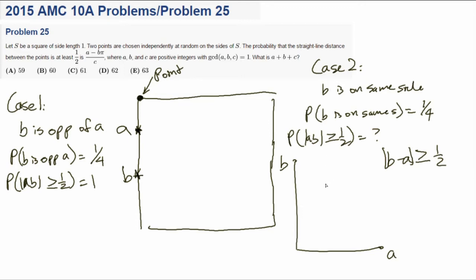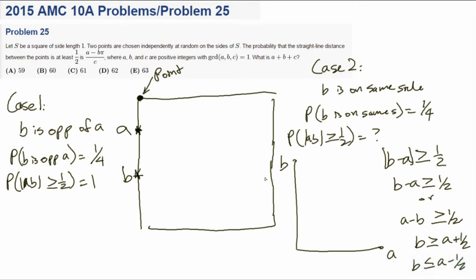So, B minus A is greater than or equal to 1/2, or A minus B is greater than or equal to 1/2. This becomes B is greater than or equal to A plus 1/2, or B is less than or equal to A minus 1/2.